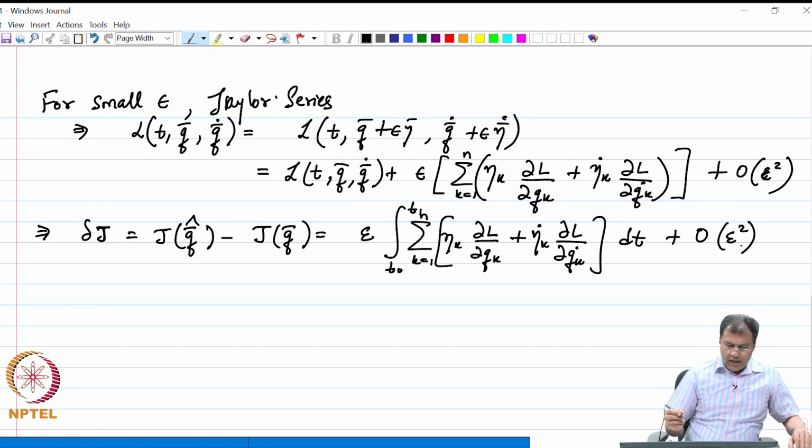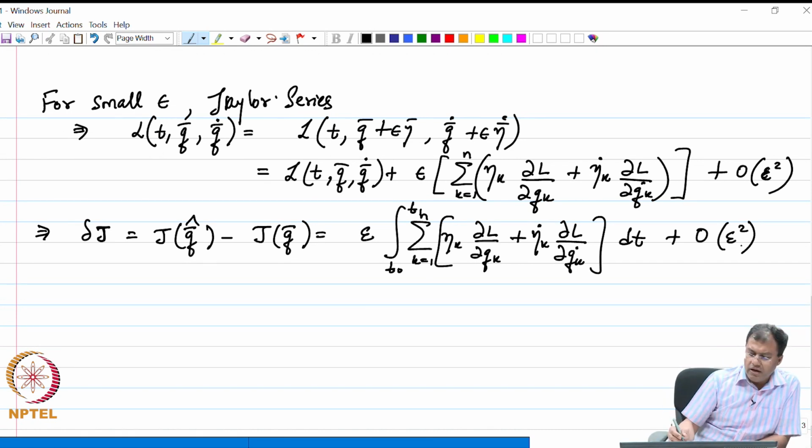Okay. So, then the next step of finding the extremal in this particular case is to try and change this integral in such a way that we can pull out these perturbation functions eta k, and to do that we again further use integration by parts, right.